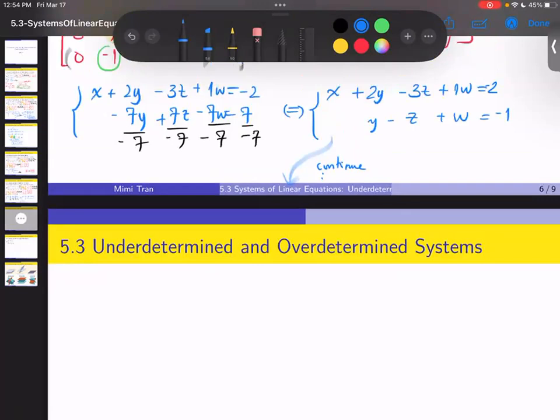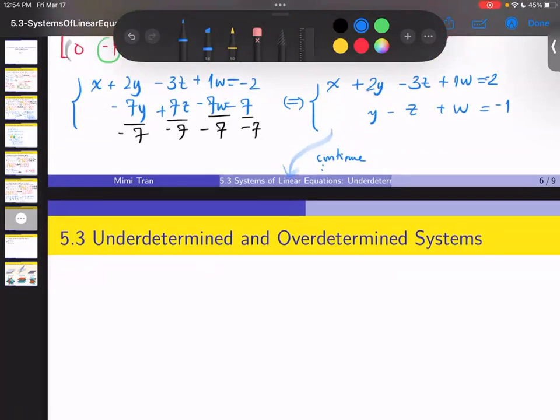Okay, let's pick the simplest equation and solve for one of the variables. I'm gonna solve for y. So if I call this equation number 1, equation number 2, so 2, y equal, move everybody to the right, so equal z minus w minus 1. So far, so good.